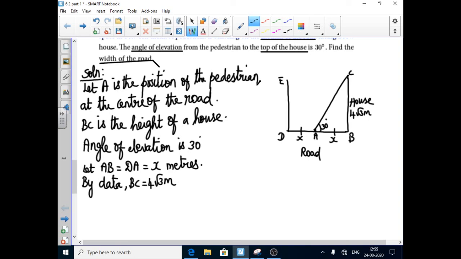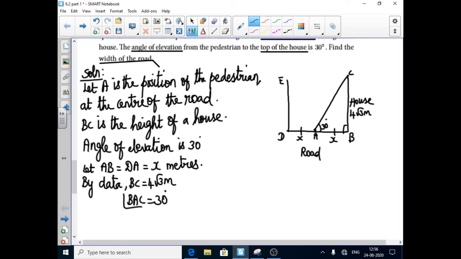And next, angle BAC equal to 30 degrees, the angle of elevation. So we should choose it so that the angle comes in the middle. BAC. Here the house is given. We have to complete one right angle triangle. So I complete it here. AC is the line of sight, the horizontal line from the observer's eye to the object. The object here is the top of the house.